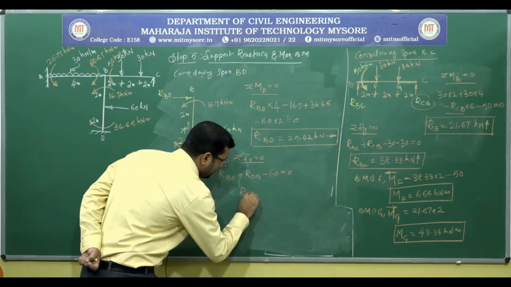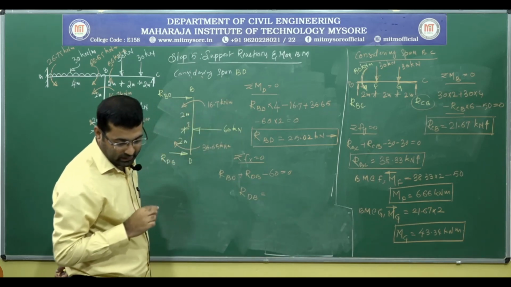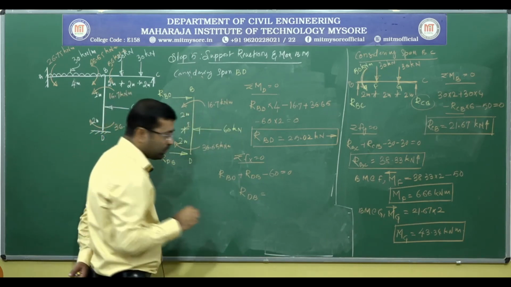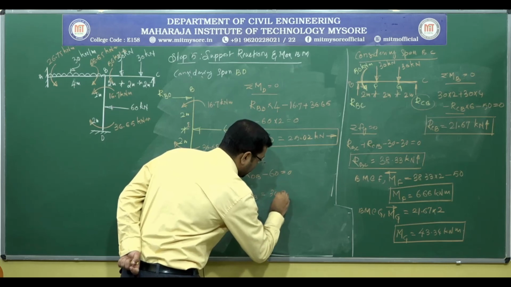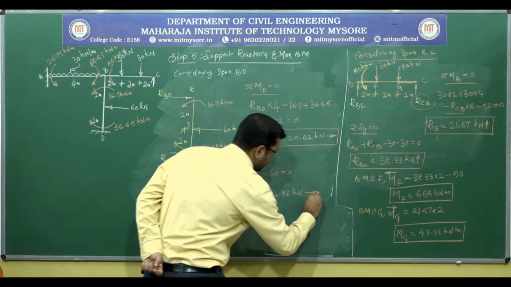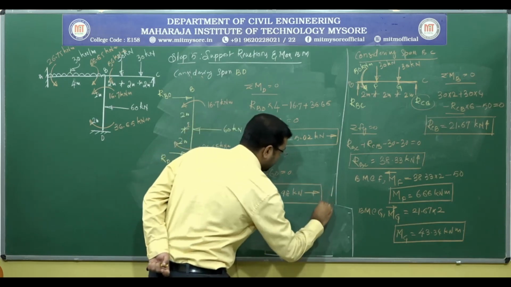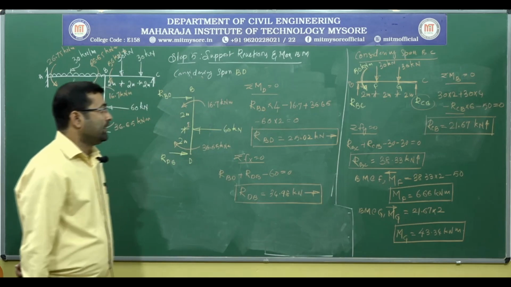If I solve this, we will get the value of RDB as 34.98 kilonewton, which is also acting towards the positive x axis, right?